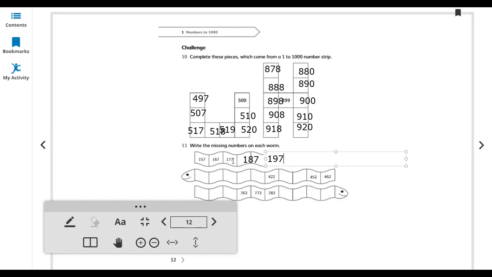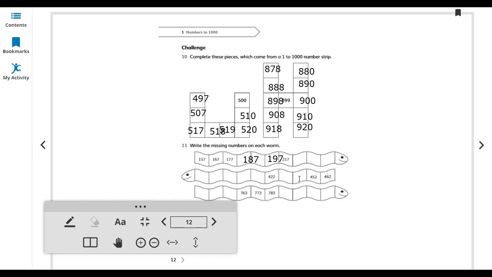So this 157, 167, 177, 187, 197. Like this, 2007, 2027, 2037, 2047, as we are moving forward. After this, we start from this side or this side, 422 and 452, 462, which means we are moving backward. 452 minus 10, 442.